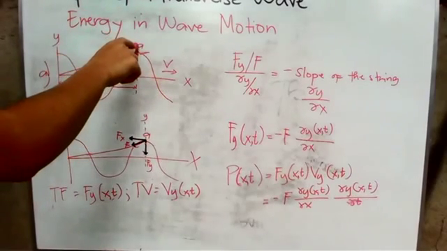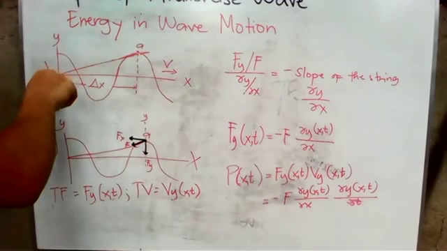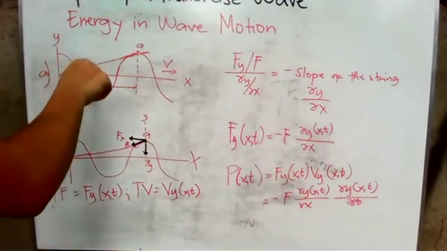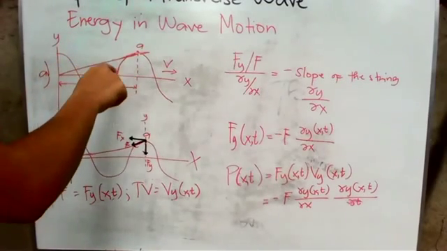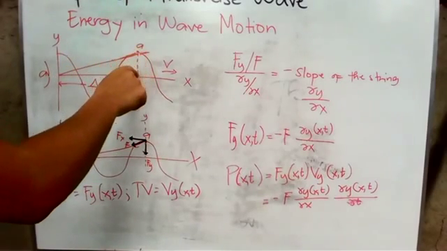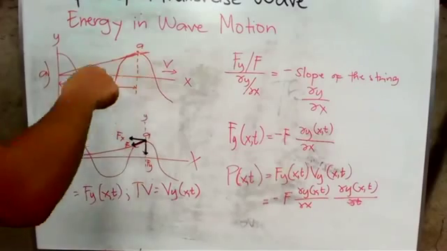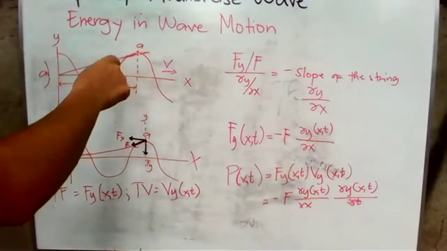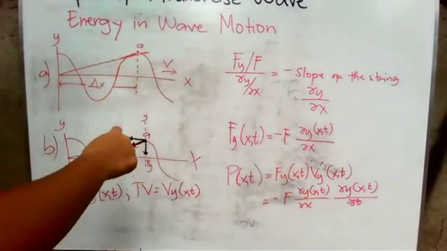Picture a wave here traveling from left to right on a string, and consider a particle at point A. The string to the left of point A exerts a force on the string to the right of it, and vice versa.